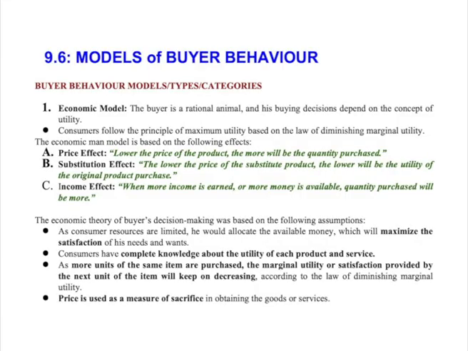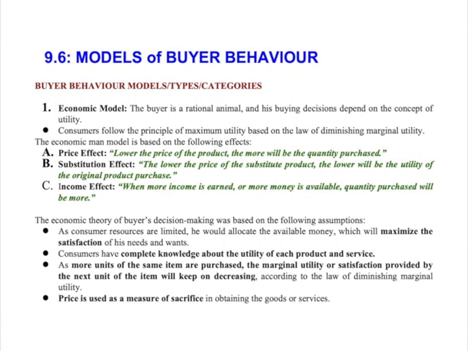That means, the more I am exposed to a particular product or service, the more I use it, the less I enjoy its ultimate advantages. This could be in terms of price effect, substitution effect or income effect. These are the 3 economic man model features or effects that we are talking about.